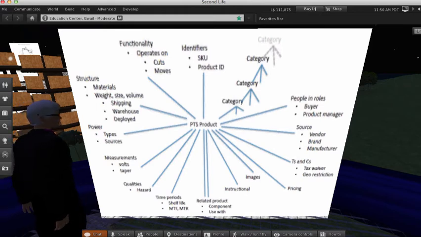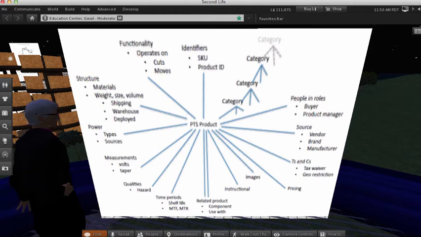Then most of these other data kinds around the edge here are characteristics. So we'll say functionality. What does it do? That's where we get into cutting tools or things that move other things or things that are containers or protection. That's a function of various tools.